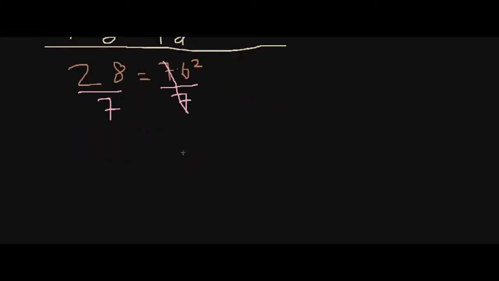Okay. So now I'm going to get b squared equals 28 over 7. To undo this square, to undo this exponent of 2, we need to take the square root. So we're going to take the square root of both sides. Okay. That's going to cancel the square root and the square there.